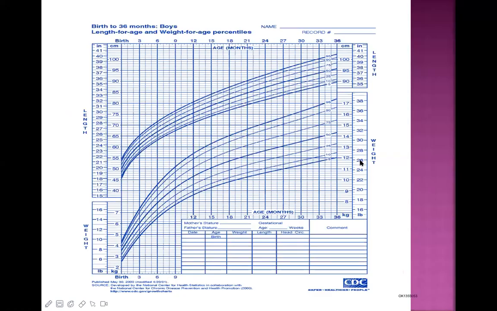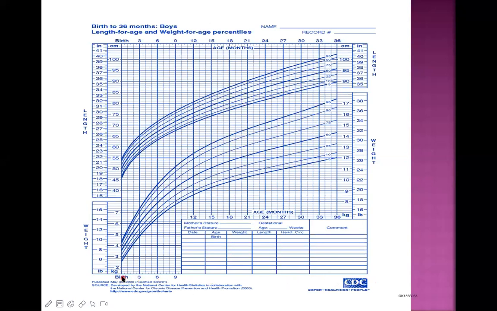Now see here, all of you please focus here. This is a very, very important concept in pediatrics. Weight is given here, this is the y-axis, and here is the x-axis. In the y-axis weight is given, and on the x-axis this is the age of the baby or child.